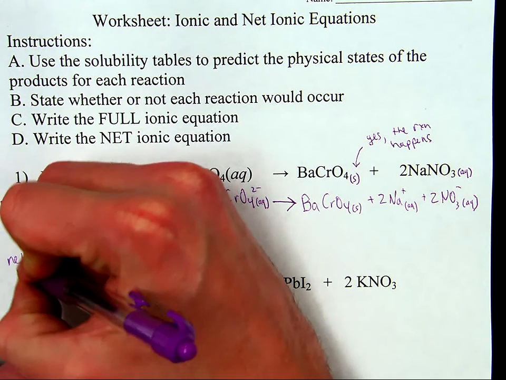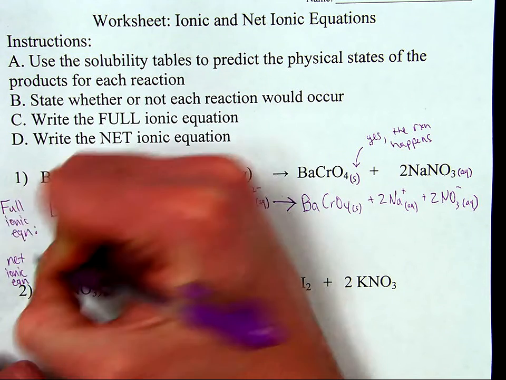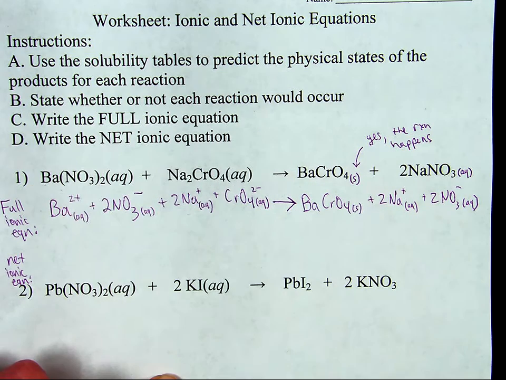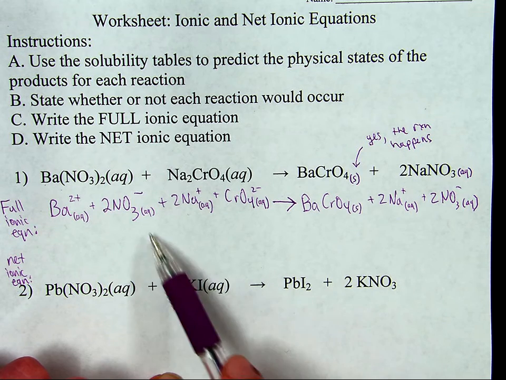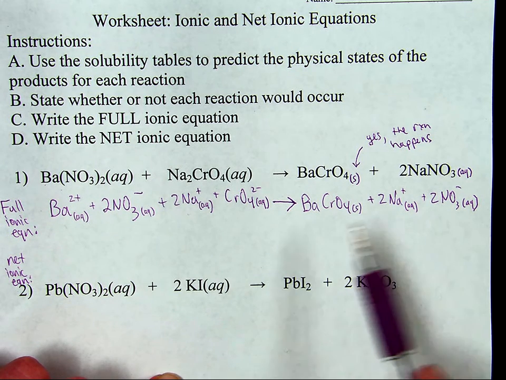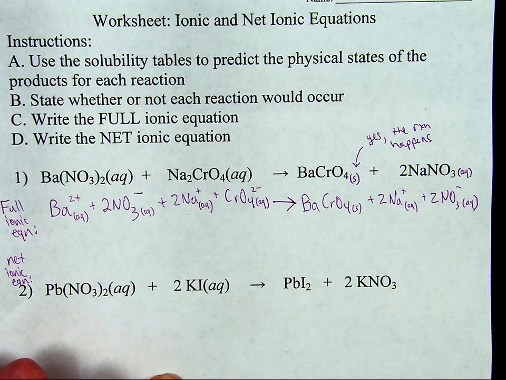Net ionic equation. There are two ways to go about the net ionic equation. Way number one, cross out everything that's on both sides, which means I'd cross out these nitrates, I would cross out the sodiums, and then write down here whatever's left for the net ionic equation.